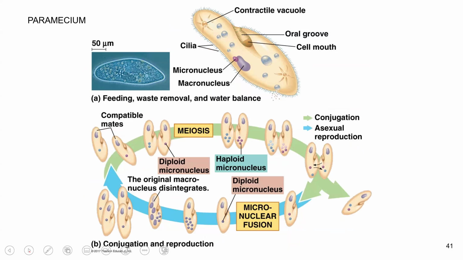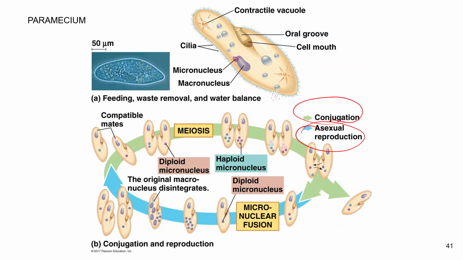From here, we talked about Paramecium, which is a ciliate. So this is part of the ciliate group. We very briefly looked at the anatomy. Again, I'm going to look at overviews here because we are reviewing for the purpose of the final. We talked a lot about the fact that these guys can do conjugation and they also undergo asexual reproduction.